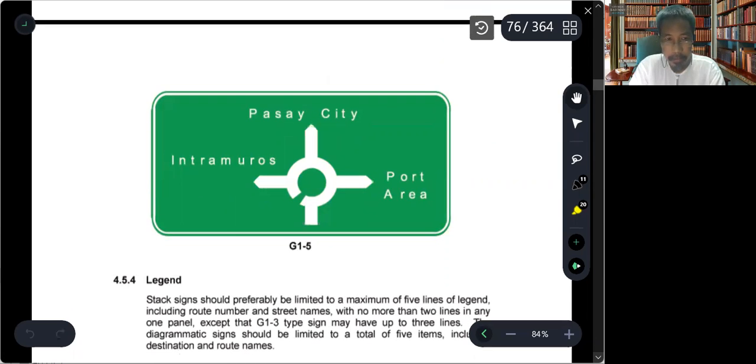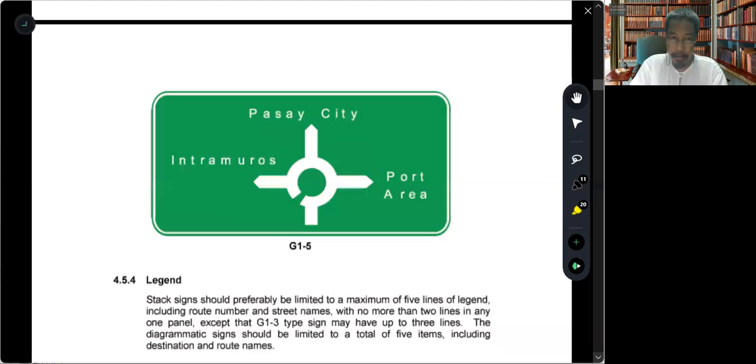So another type of diagrammatic guide sign, Pasay City, Intramuros, Port Area. This is for rotonda. Okay, for rotonda, where road users are going around in a circular manner. So in our country, we have a roundabout in front of DOST in Bicutan. We have a roundabout. Okay?